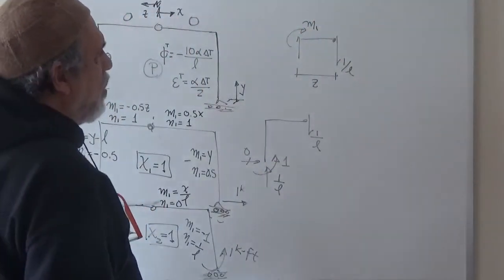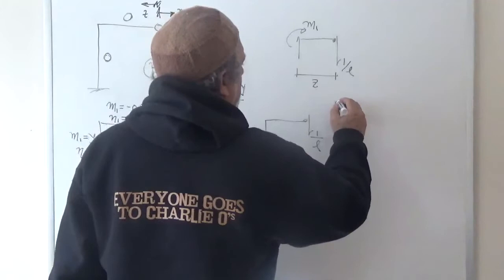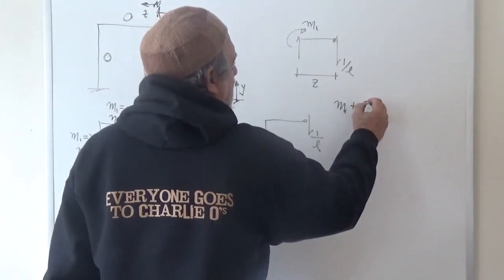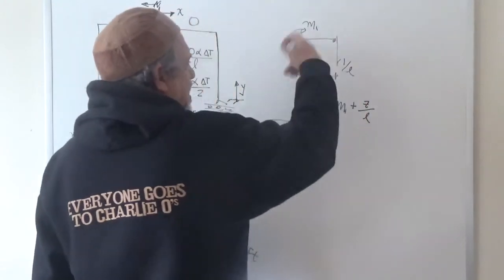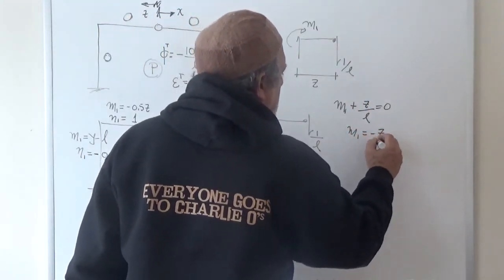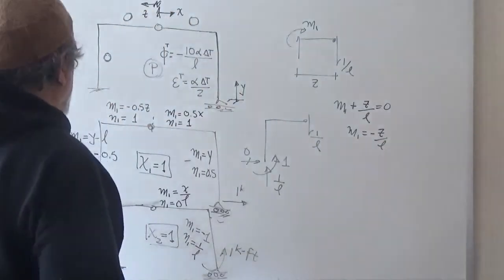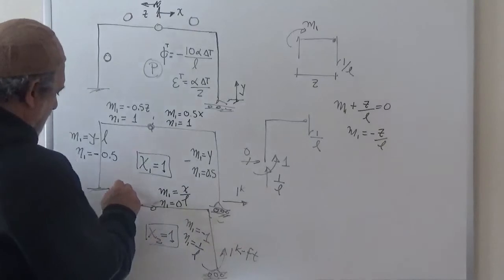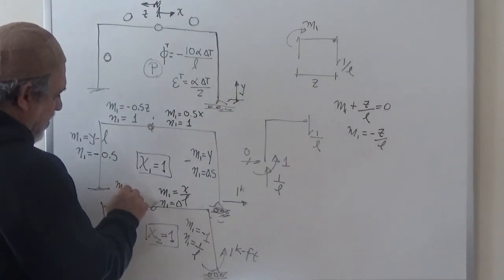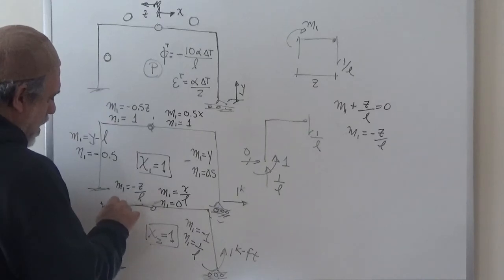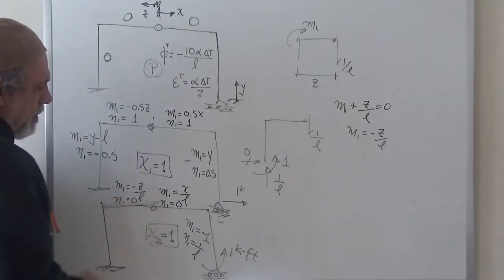So summing moments, I get M1 plus 1 over L times Z, it's positive, equal to 0. So we find that M1 is minus Z over L. So we transplant to here, and we have M1 is equal to minus Z over L, and N1 is 0.